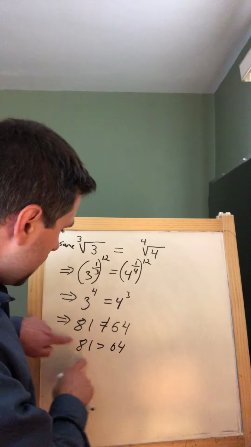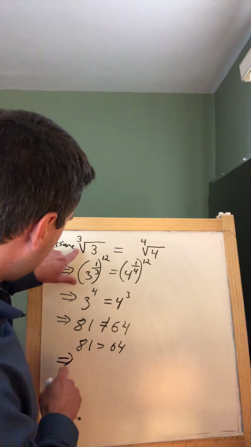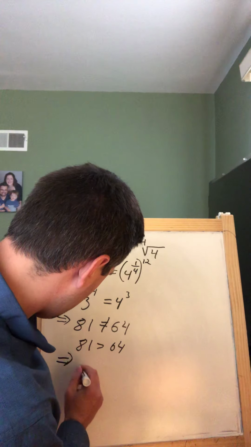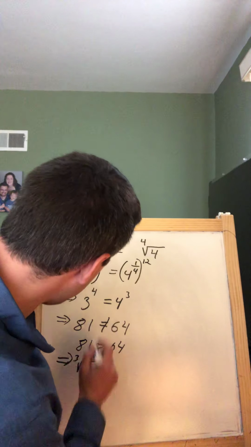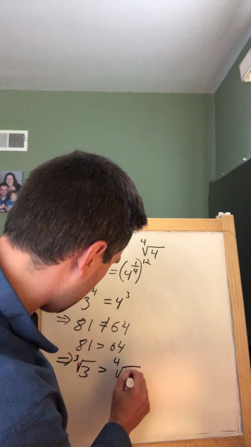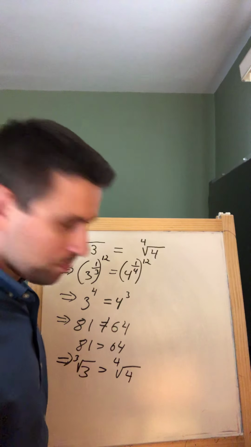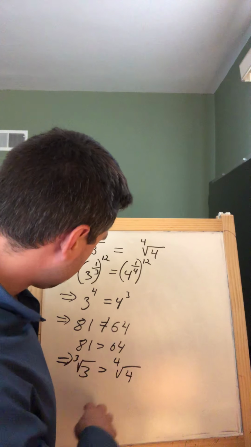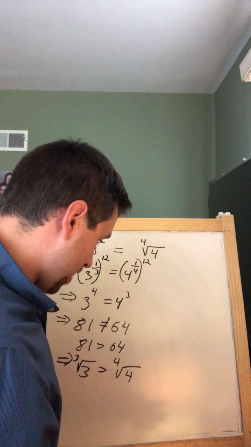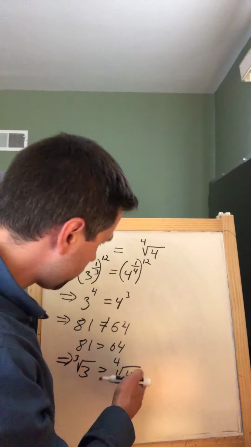But if 81 is greater than 64, that has to imply that the cube root of 3 is greater than the fourth root of 4. And there we go. Pretty cool, right? And you can definitely check that in a calculator, but you don't need a calculator because we know that has to be true now.